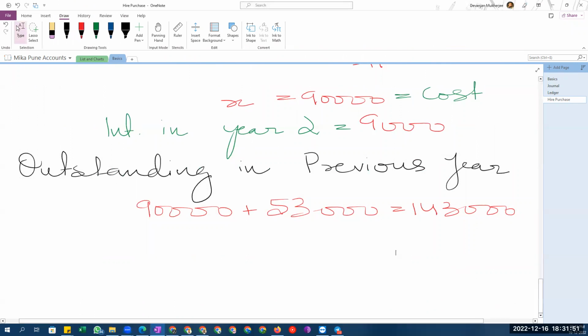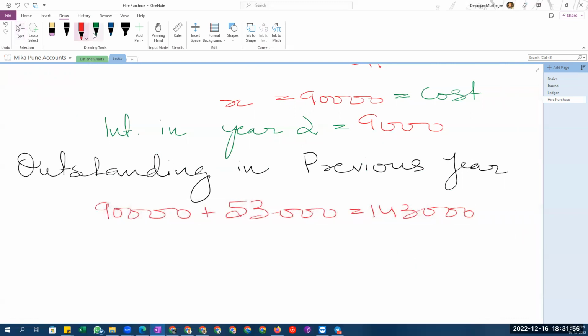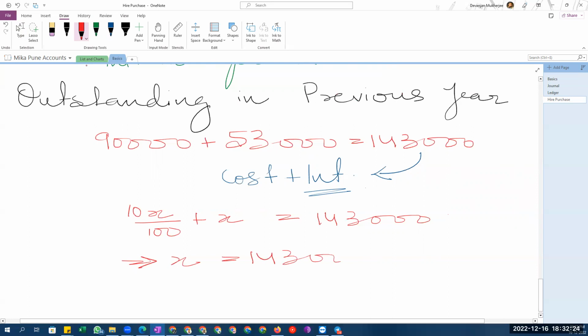So now what will we do? This 143 also has some part cost and some part interest in it. So then we will again do that same thing. 10 x by 100 plus x is equal to 1,43,000, which would mean that x is equal to 1,43,000 into 10 by 11. Sorry, I reversed it.